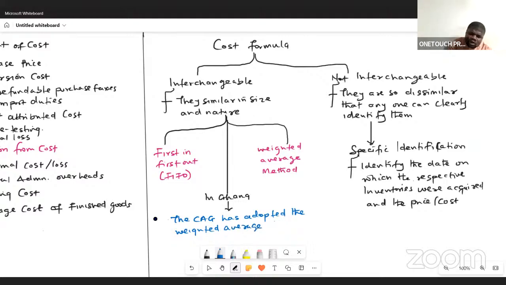All public sector entities in Ghana must also use the weighted average method. You can't use first in first out because your financial statement should be in line with the GOG accounting policies. Very, very simple and straightforward. So that is about the cost formula. There could be a question on this. Okay. Cost formula.